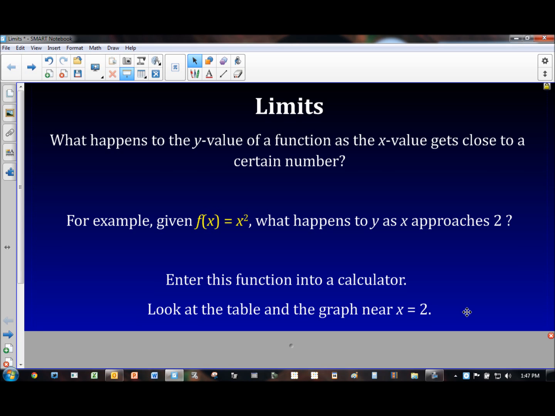For your table, I would suggest you look at numbers like 1.97, 1.98, 1.99 on one side of x equals 2, and then on the other side, look at numbers that are a little bigger than 2, like 2.01, 2.02, and 2.03. So pause the video and type that into your calculator and see what you notice.